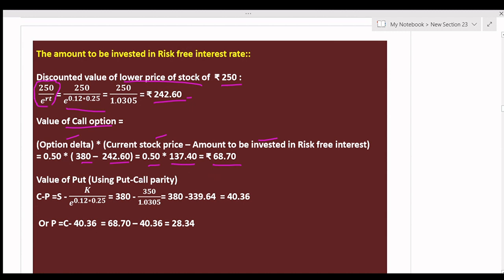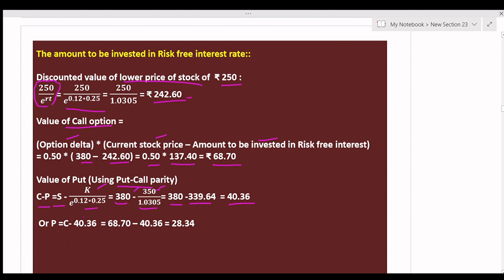Now you have to find out the value of the put option using the put-call parity theorem. C minus P is equal to S minus K by e to the power RT. Now S here is 380 and the strike price is 350. Spot price is 380 and strike price 350 is divided by 1.0305, so it is equal to 380 minus 339.64, which is equal to 40.36.